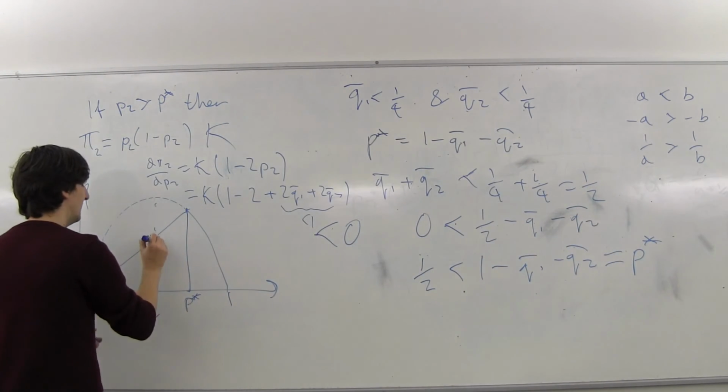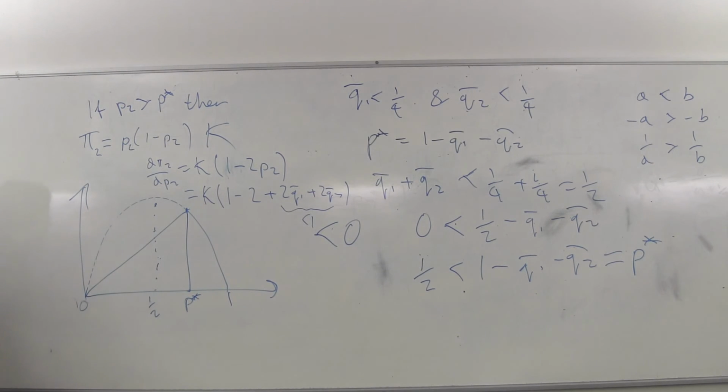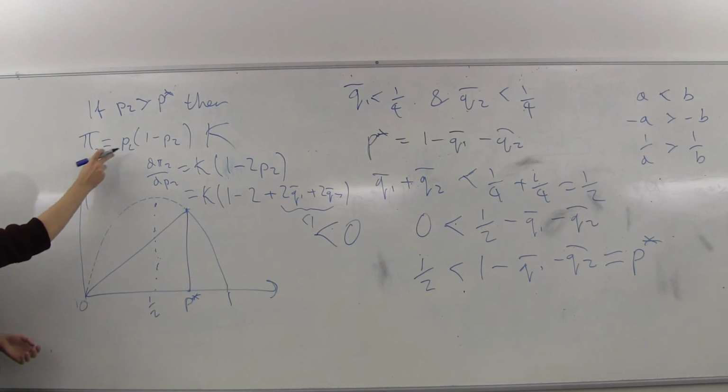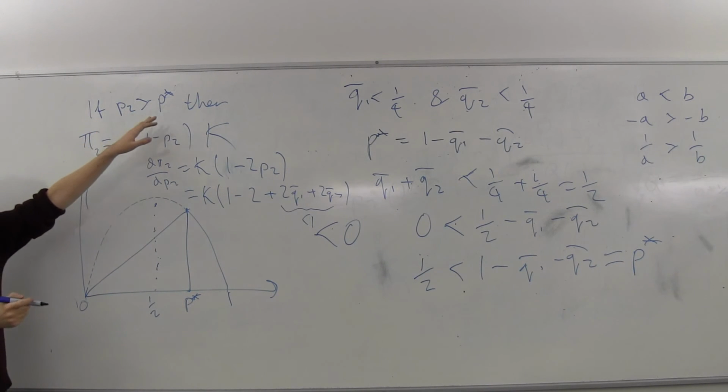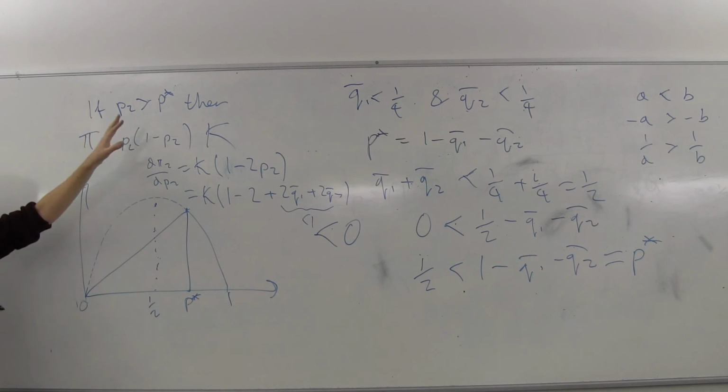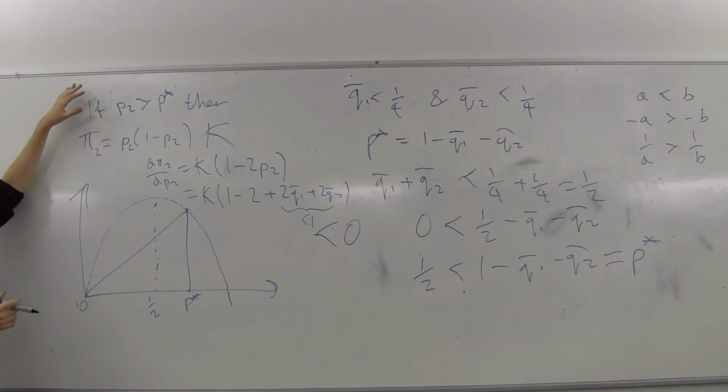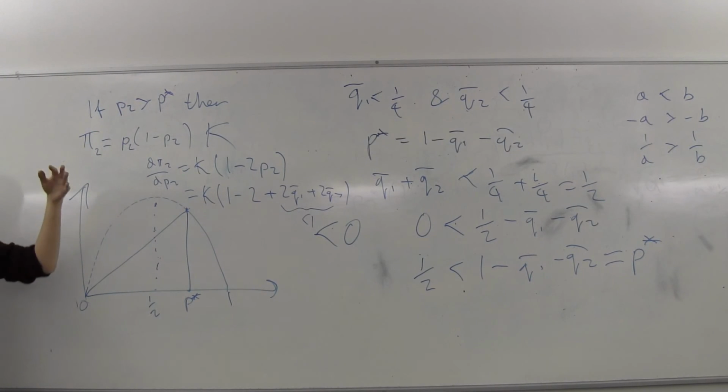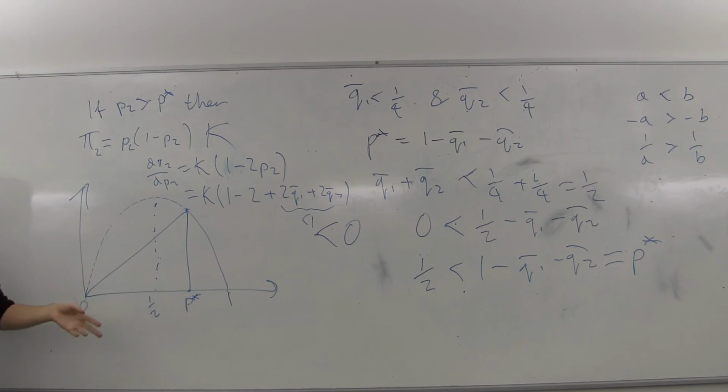With the maximisation approach, we weren't really maximising. We were saying, well, we've got this function, which is only valid for P2 bigger than P star. Let's just forget for the moment that it's only valid for P2 bigger than P star. Find out where the maximum is. If the maximum is to the right of where we are, then we want to increase profits.